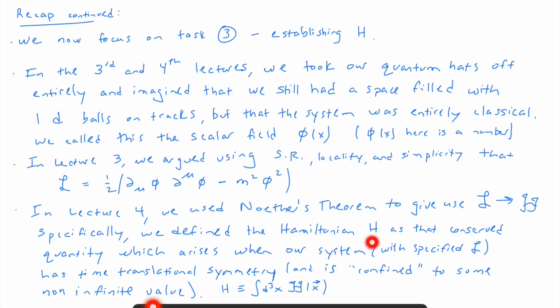We defined the Hamiltonian as that conserved quantity which arises when our system, which had a specified Lagrangian density L, has time translational symmetry and is also confined to some non-infinite value in space. And from that Hamiltonian density, we would get H, the true Hamiltonian, which is just the integral over space of this Hamiltonian density at each point in space.